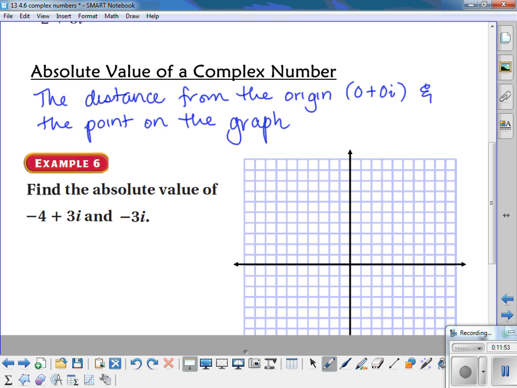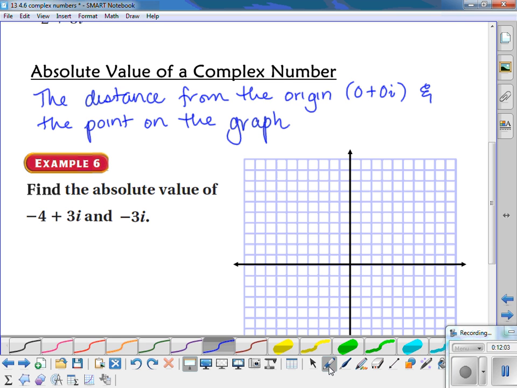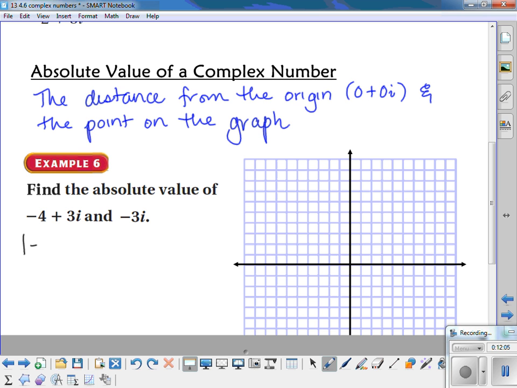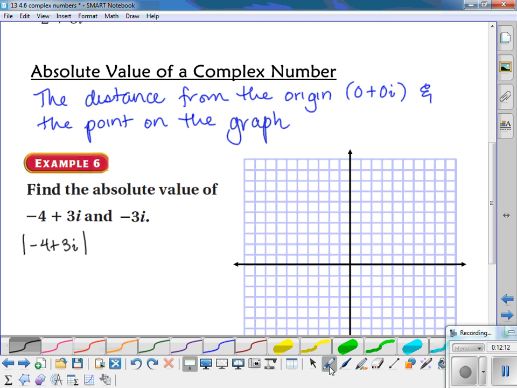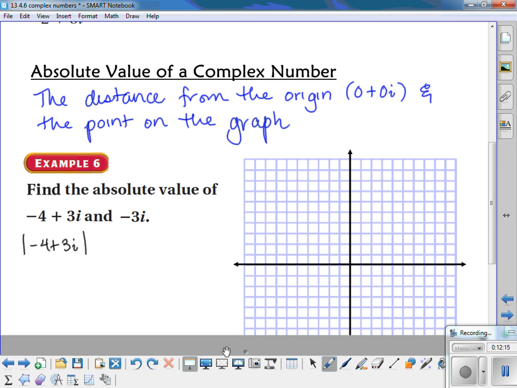Okay, so my origin is 0 plus 0i, right? I have 0 real and 0 imaginary. Let's look at just this first one. We've got the absolute value of -4 plus 3i. If I plot that point on my graph, I'm going in the -4 direction horizontally, and then up 3.